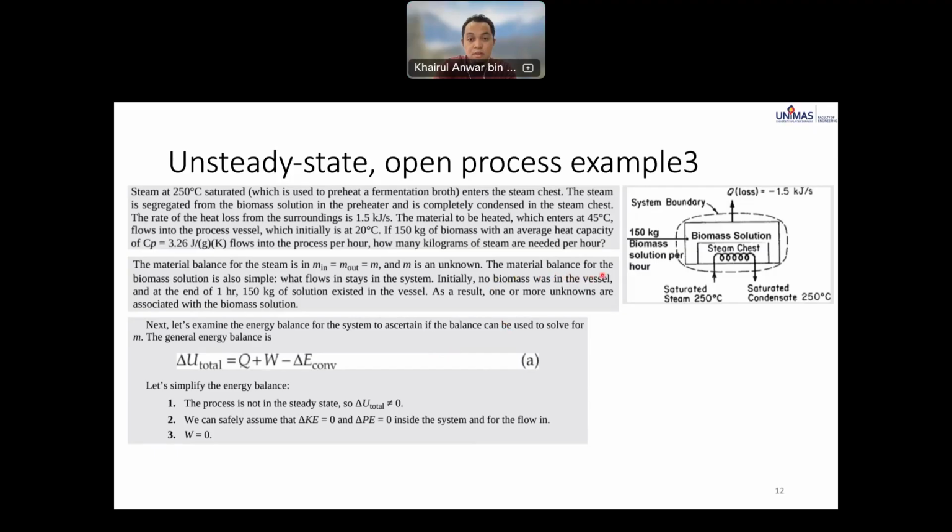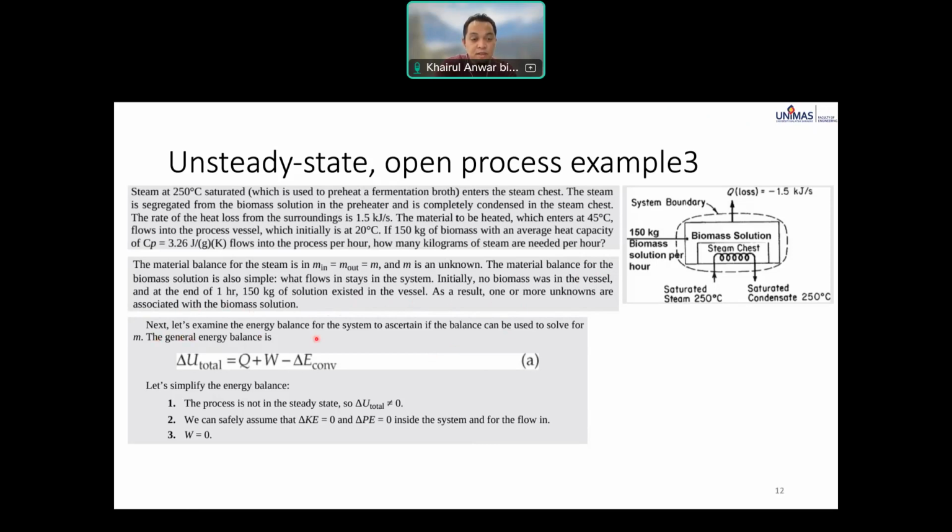The material balance for the biomass solution is also simple. There was no biomass in the vessel at the start, and at the end of 1 hour 150 kg of solution existed in the vessel. As a result, no more unknowns are associated with the biomass solution.